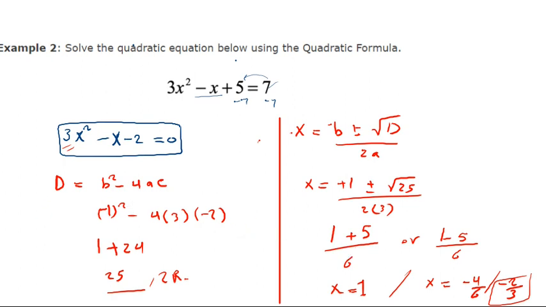Let's have another example where the formula is completely a mess. We have to rearrange it into the standard form. So in this example, just solve x multiplied by x minus 2 equals 4.